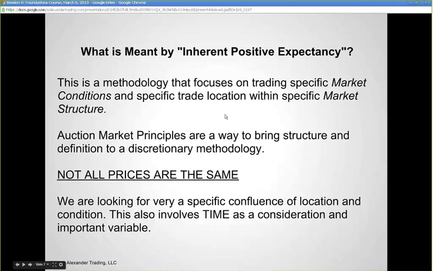Now, something else we're going to talk about tonight is time. We really haven't talked about time very much, but it's implicit in what we're doing. You use time to gauge the market, to help you to identify and alert you to perhaps a change in a market condition. And it can be a major change or it can be a subtle change. A subtle change would be a market that is moving vertically in a time frame.